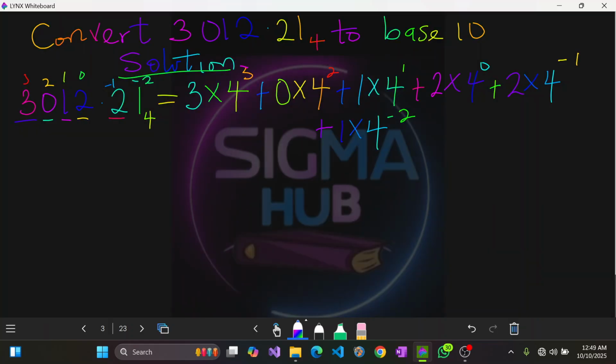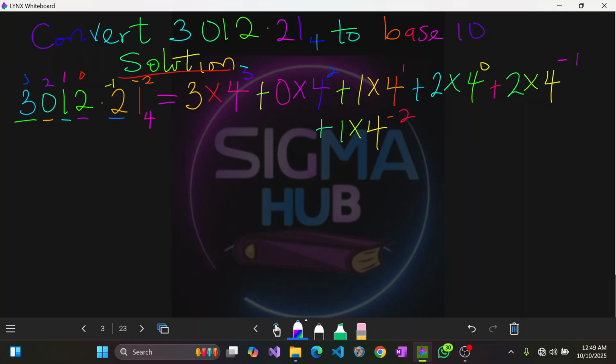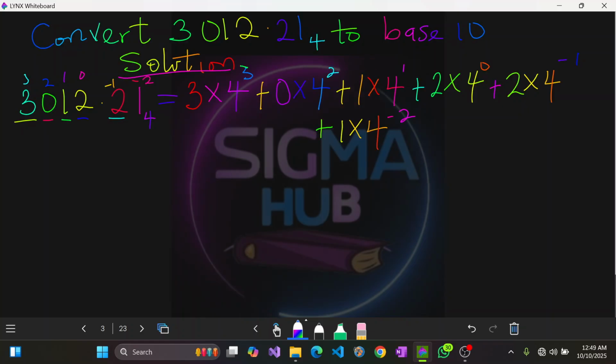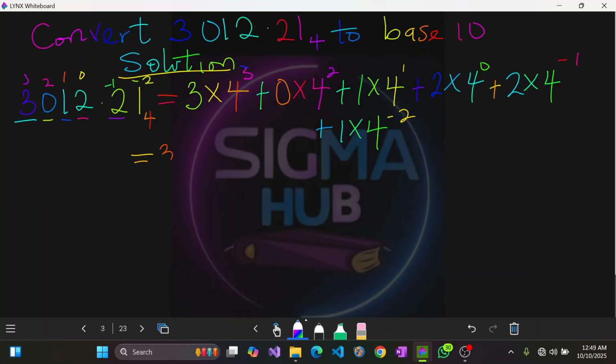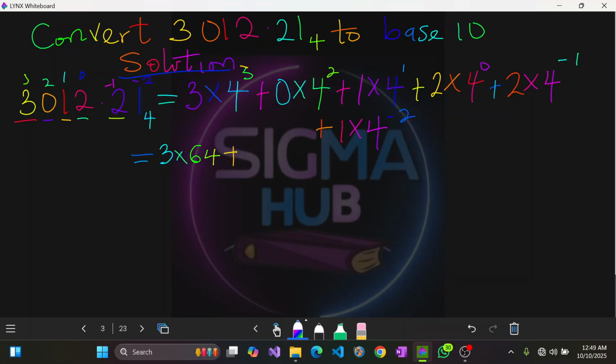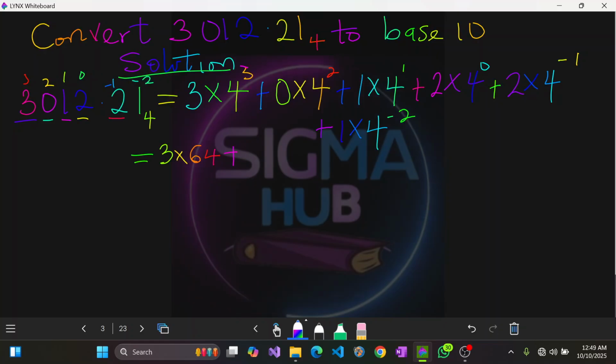So 4 raised to the power of 3 is 64. So we have 3 times 64. So equal to 3 times 64 plus 0 times 4 raised to power 2. 4 raised to power 2 means 4 times 4, and 4 times 4 is 16.